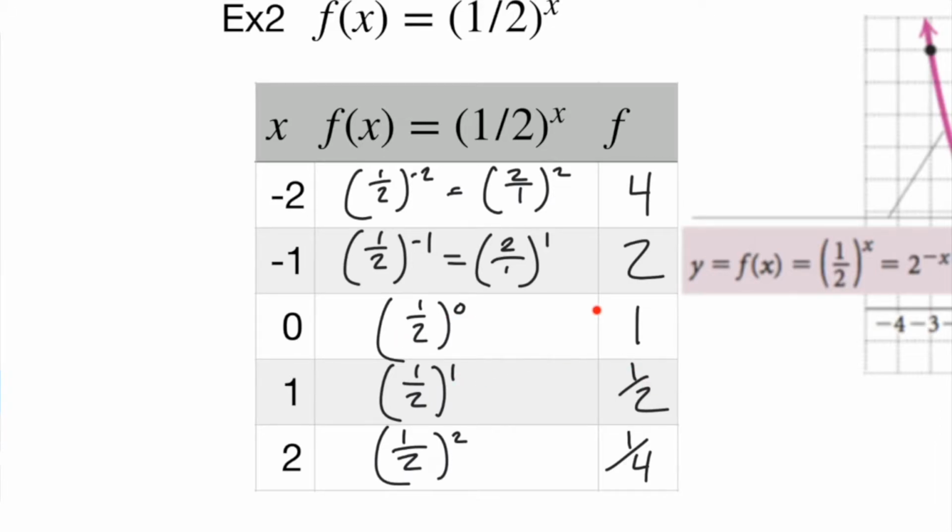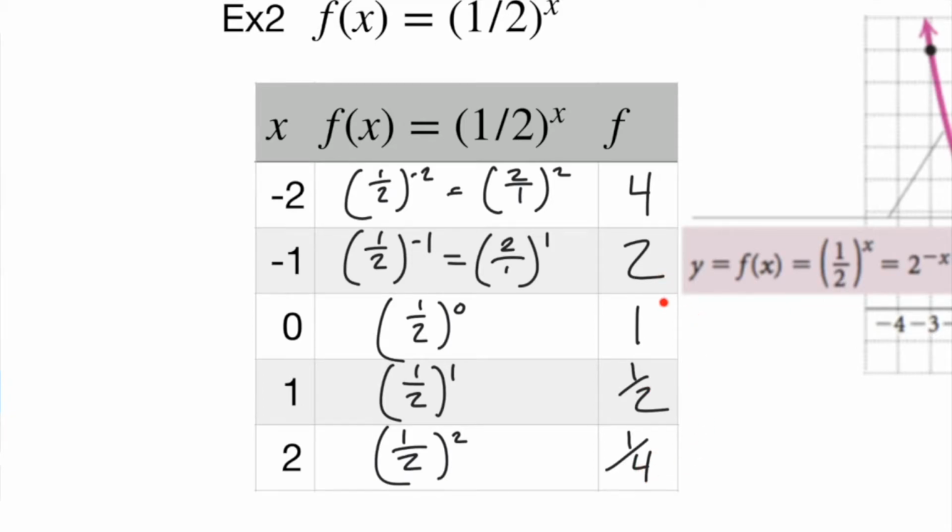Anything to the 0 power is 1. 1/2 to the negative 1. What exactly is that? Well, if you want to change the sign, you have to cross the line. This 2 goes up here and the 1 goes down there. You take the reciprocal. 2 over 1 to the positive 1 is 2. And that makes sense. It fits the pattern here.